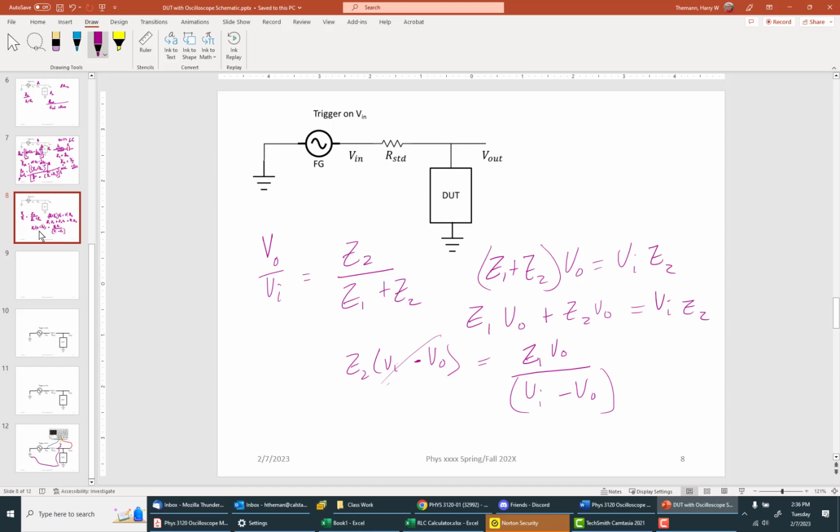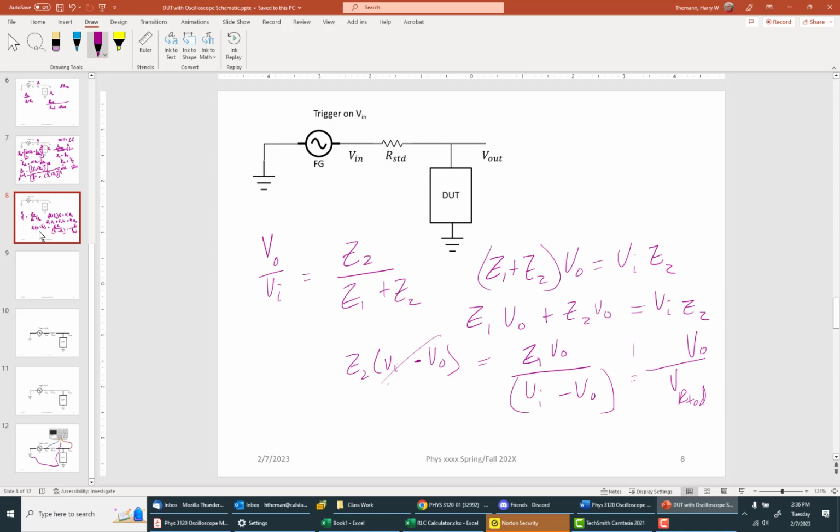And in fact, it's very similar to what we've done before. If you think about it for a minute, the denominator is actually V in minus V out, which is the voltage across R standard. And up here we have the V out.